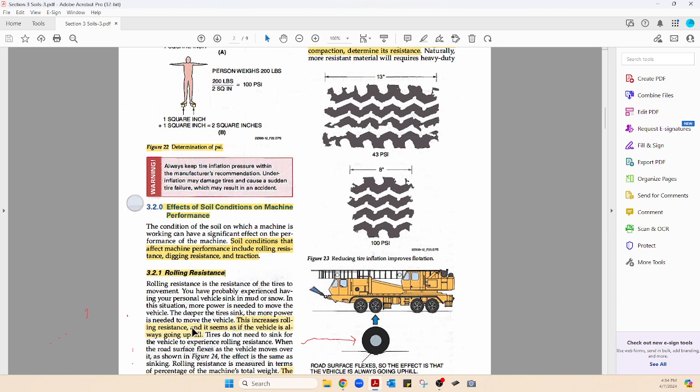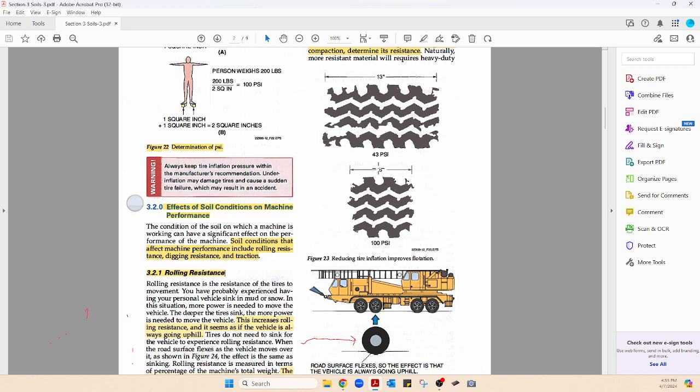This increases rolling resistance, and it seems as if the vehicle is always going uphill, but you're pushing dirt up in front of the wheels because of the weight. And this was where I got the area for 6 tires that are this wide in contact and in contact for this length.